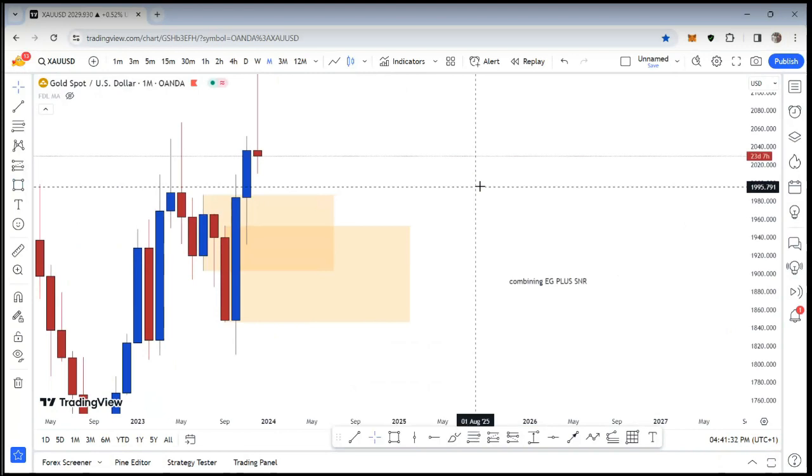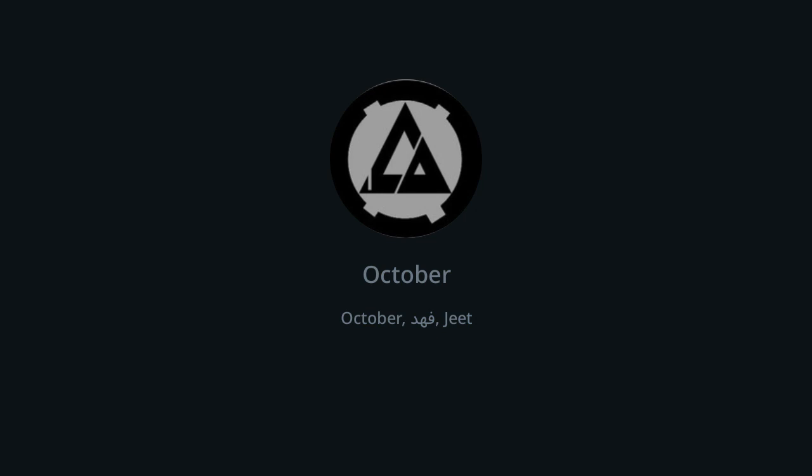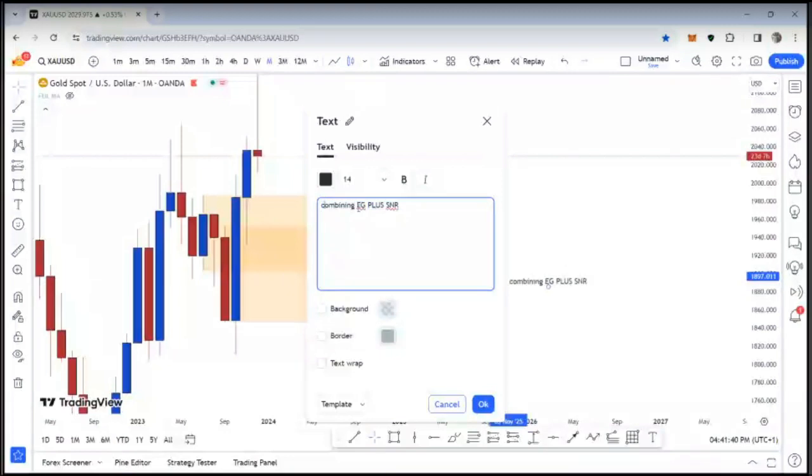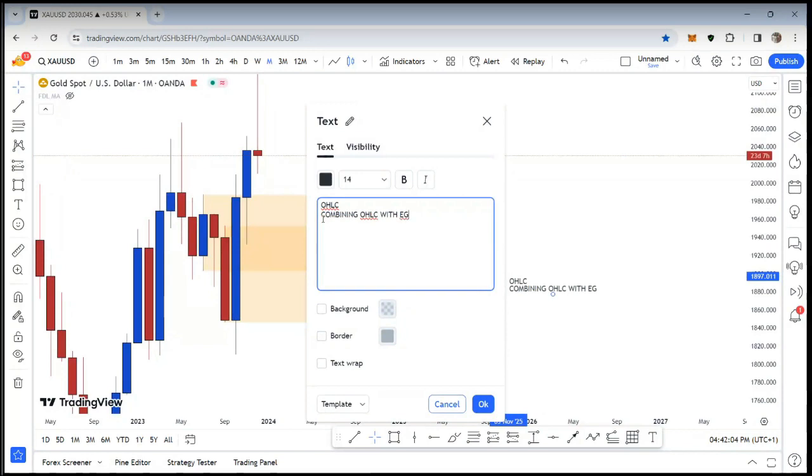So today we're first going to talk about OHLC, and then we're going to talk about combining it with engulfing, which to me is more or less like SNR.